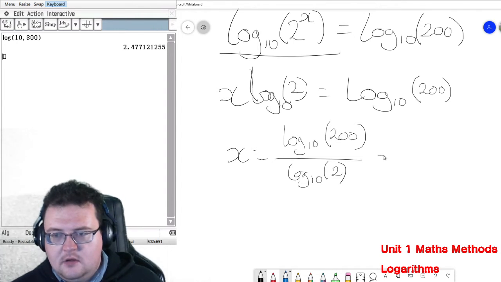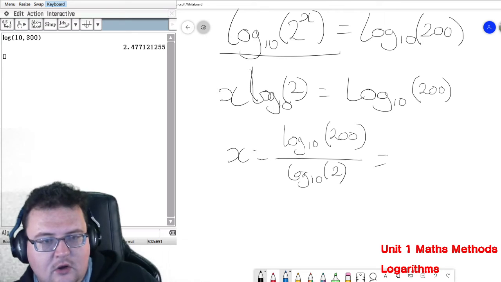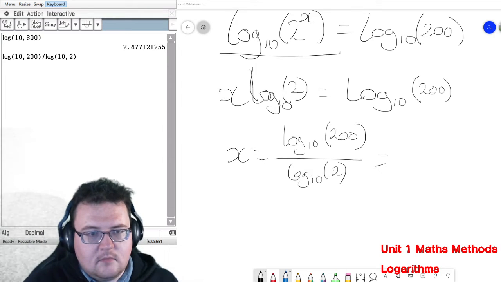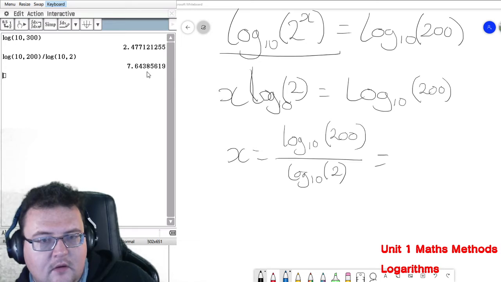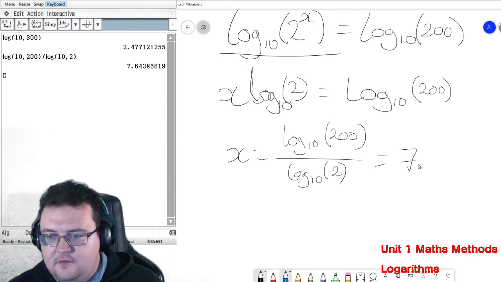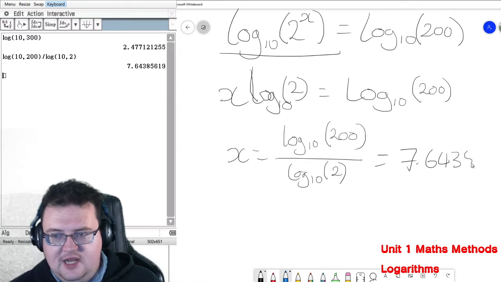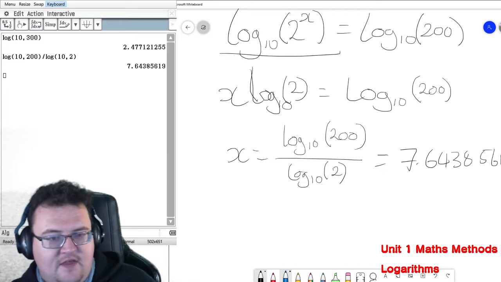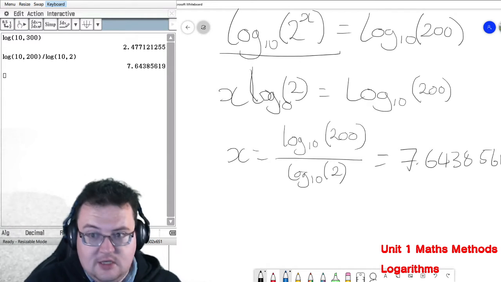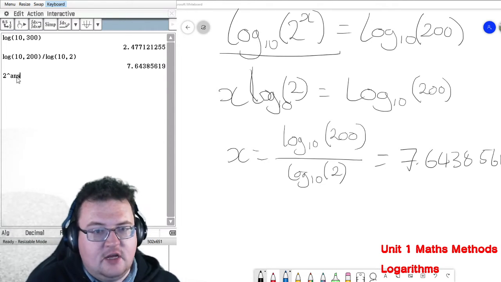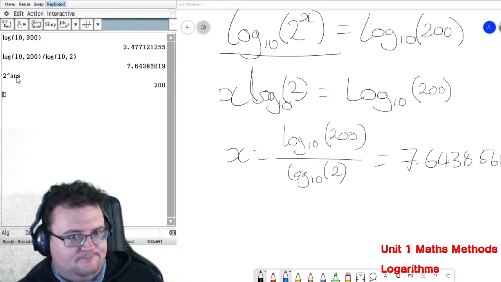And then my calculator will give me an answer of 7.643856619. And I can check that by going 2 to the power of answer, and it comes out as 200.